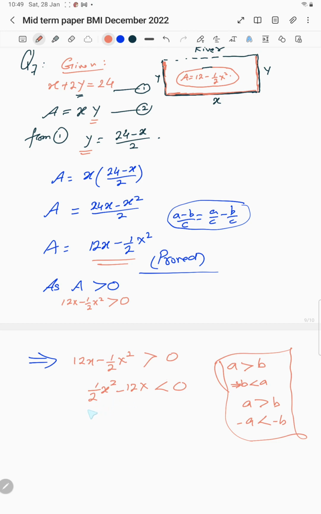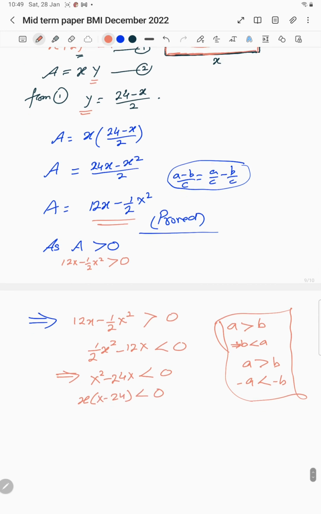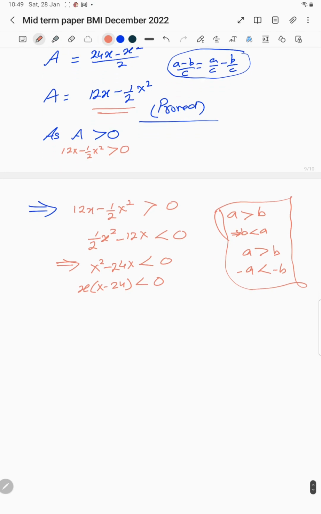So here 2 is going to multiply throughout: x square minus 24x is less than 0, so x can be taken as common, so x into x minus 24, that I wrote before. I hope you got it. Why did I change the direction of the inequality? To make the x square term positive, I needed to multiply the entire line with the negative sign, so I changed the inequality. So here I get the critical solutions: x will be 0 and x will be 24.